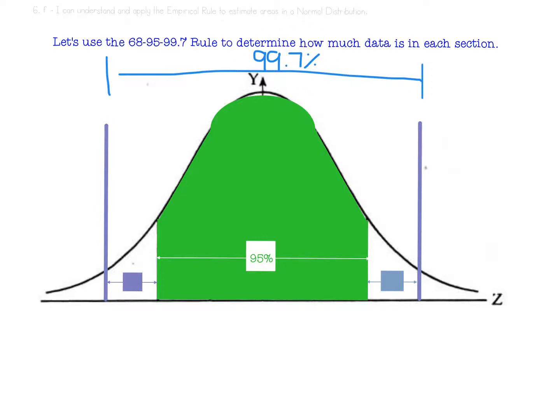Well, 99.7, which is this whole distance, minus what we already know, the 95% that we've already accounted for, is going to give me 4.7. And then I know that's 4.7 divided among these 2 spaces. And since they're even, I'm going to divide it by 2, and I get 2.35. And I can always double check by taking 2.35 plus 95 plus 2.35, and that should give me that 99.7 that is within 3 standard deviations of the mean.